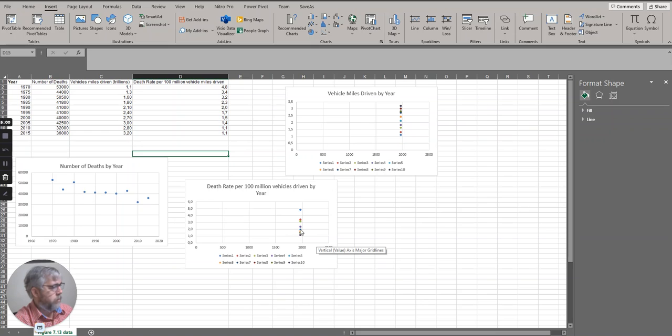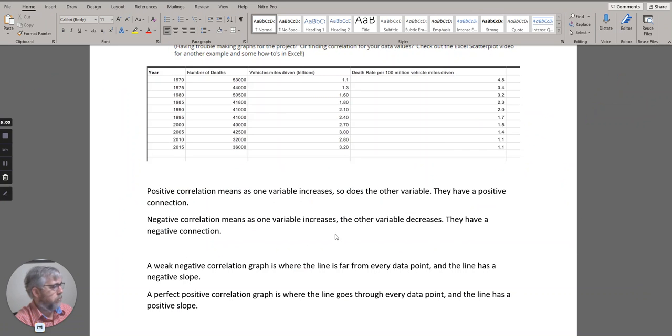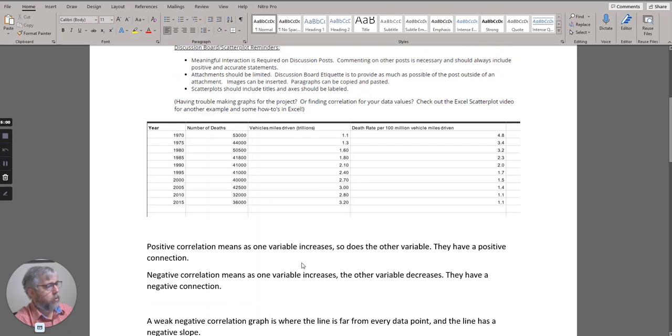I do see an increase over here, and they're pretty linear. So I said that the vehicle miles driven by year and the death rate are both positive scatter plots. And how do you know? You know because if one variable increases, so does the other variable. That's how you know.